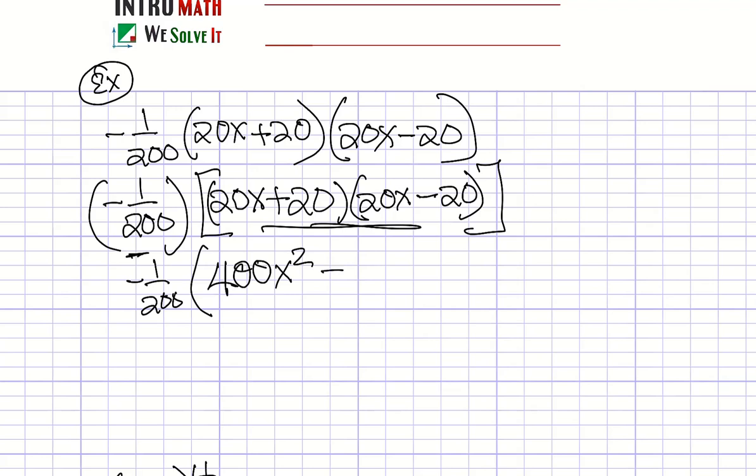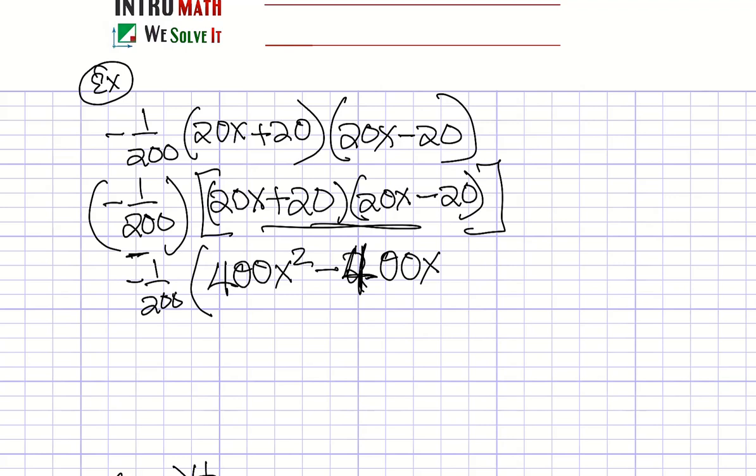Okay, and then we'll do 20x times minus 20. It will be negative 400x. Okay, and then we'll repeat the process again.